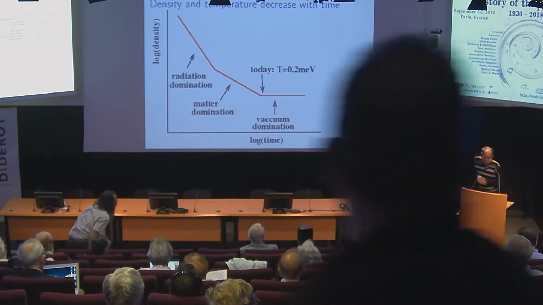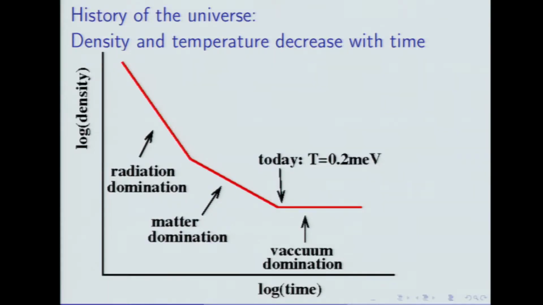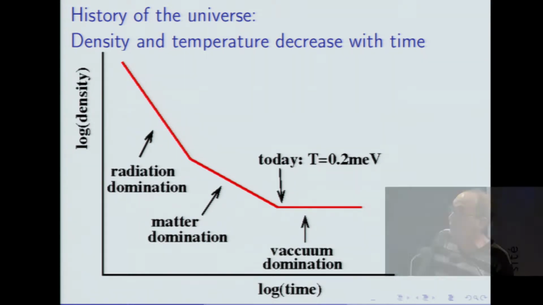Okay, a lot of you may not know much about cosmology, but here's a graph of the density of the universe, log scale, versus log time. At the beginning there's a radiation epoch where the density is going down very fast.